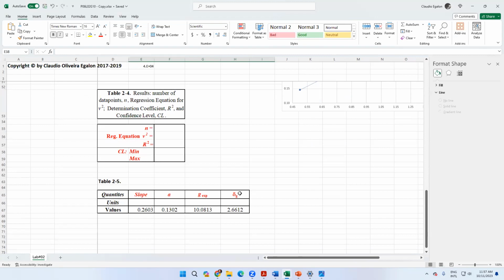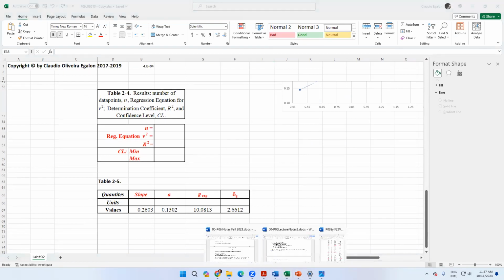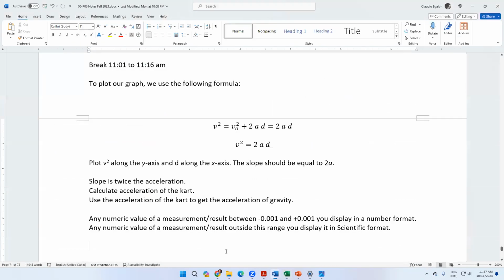Anybody else? It's 11:57, 3 minutes to go. Now we're going to go faster than lab one. Remember, lab one, we spent how much time? We spent 3, 4, or even 5 meetings, right?